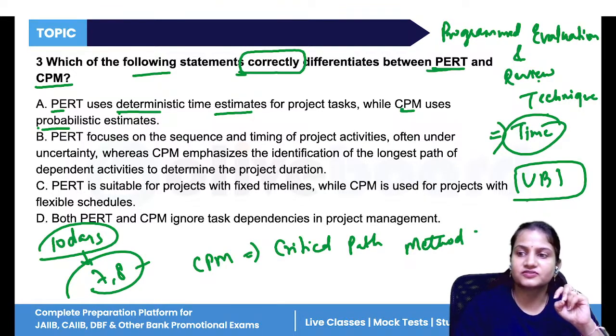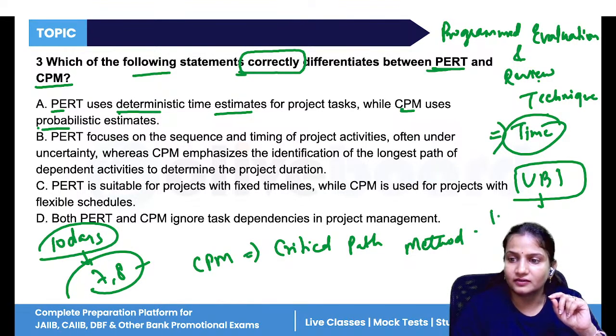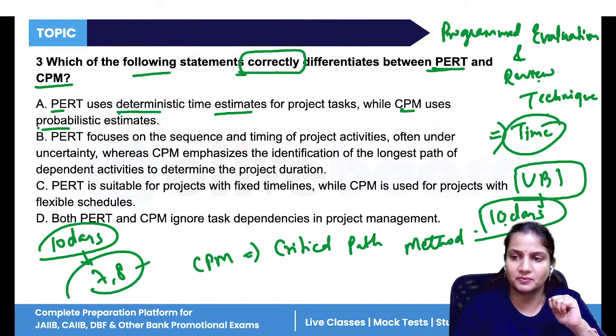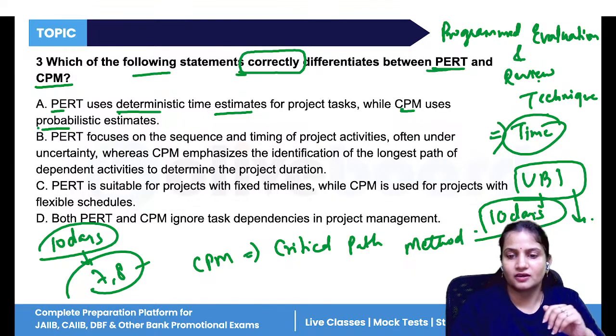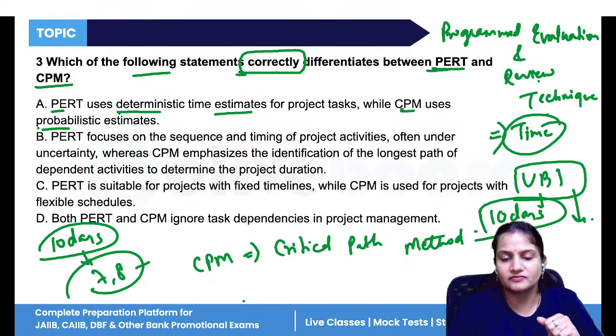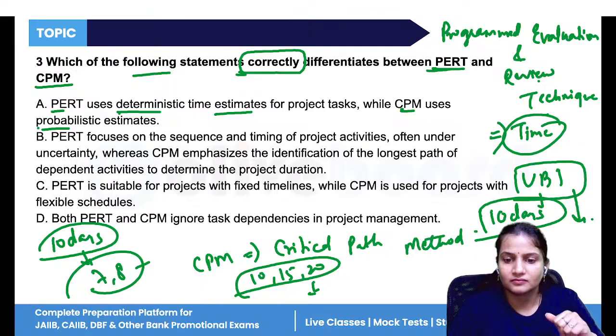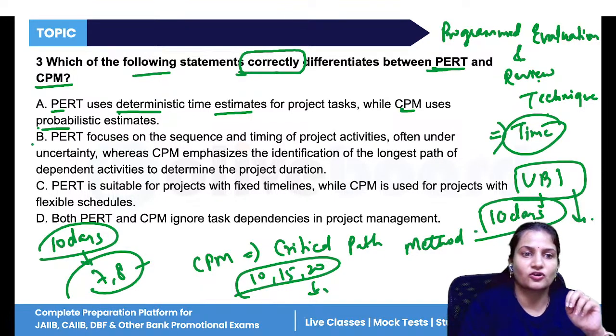When the bank knows that it will take 10 days to make this app, this is CPM. When the bank does not know how much time it will take, it entirely depends upon the software developer. They may take 10 days, 15 days, or 20 days. When you don't know the actual time, that is called PERT.